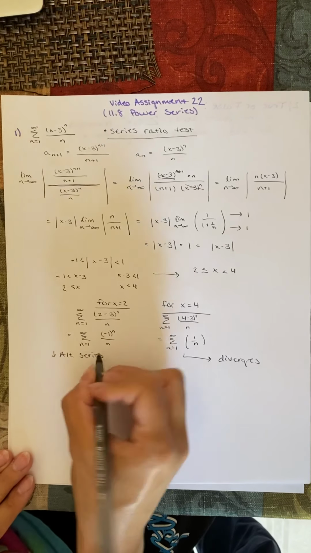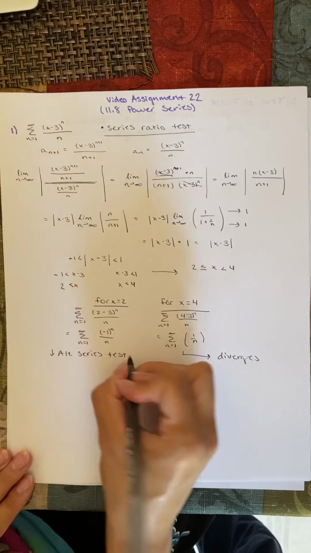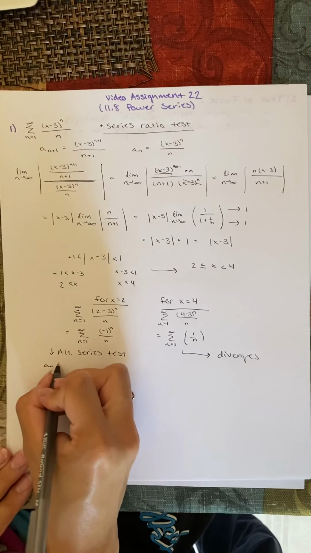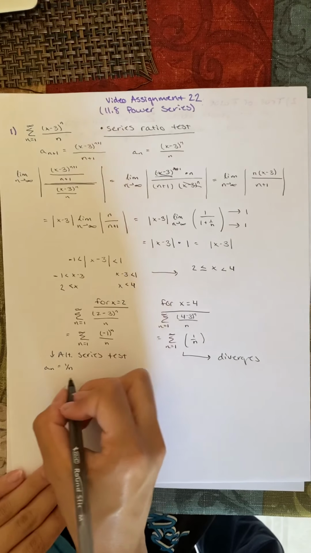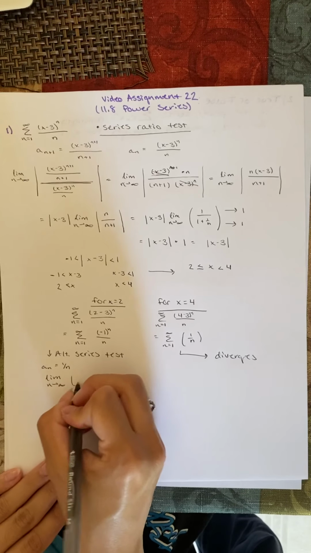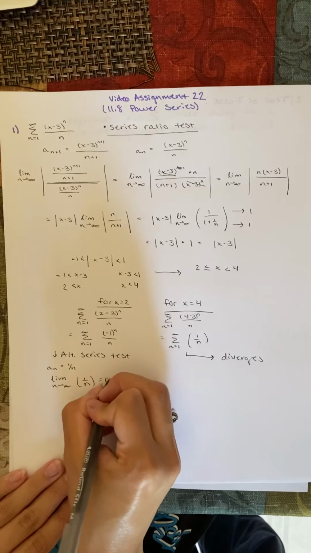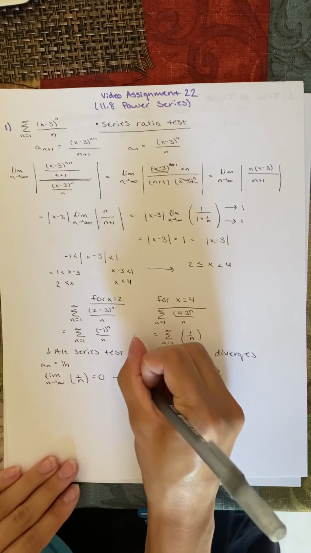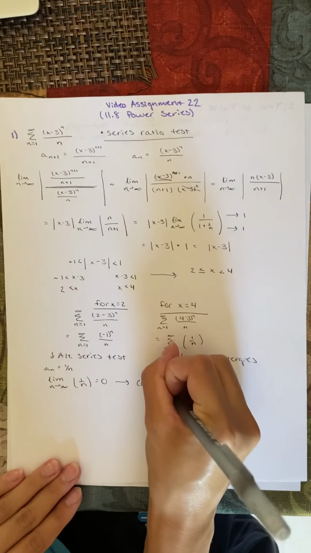we're going to do an alternating series test, get an a sub n, and set that equal to 1 over n. And we know that this limit will equal 0, which means that this is going to converge.